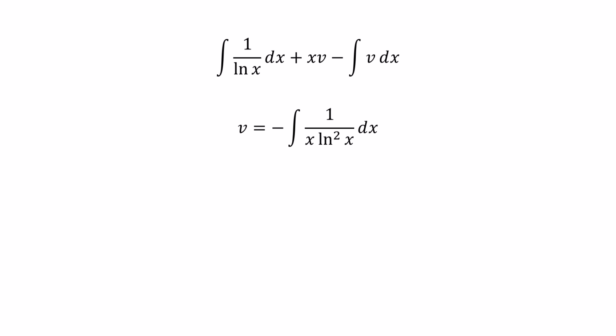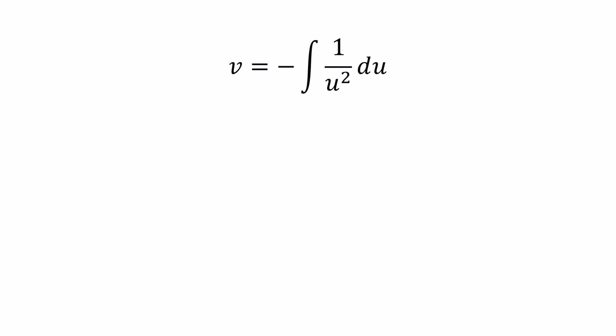To begin, we let u equals ln of x. The differential is then du equals 1 over x dx. Substituting into the integral, we get v equals minus the integral of 1 over u squared du.